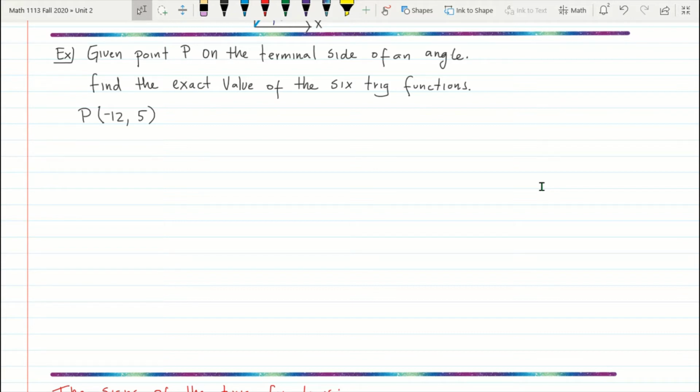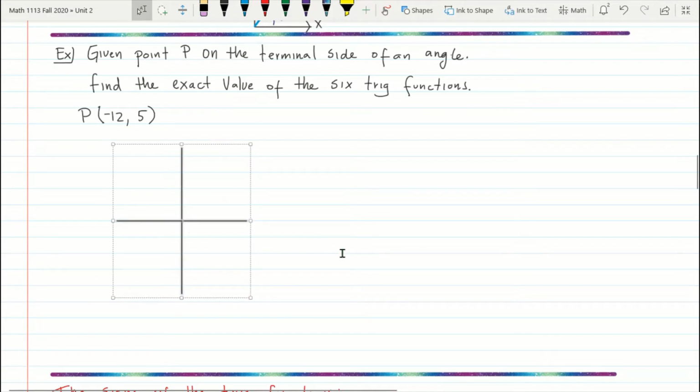First, we want to draw the point on the x and y axis. Okay, something like this. Now, as we know how to do this, the first coordinate is -12, which means 12 units to the left and then 5 units upwards. So I'm going to say something like that, right? That is where point P is.